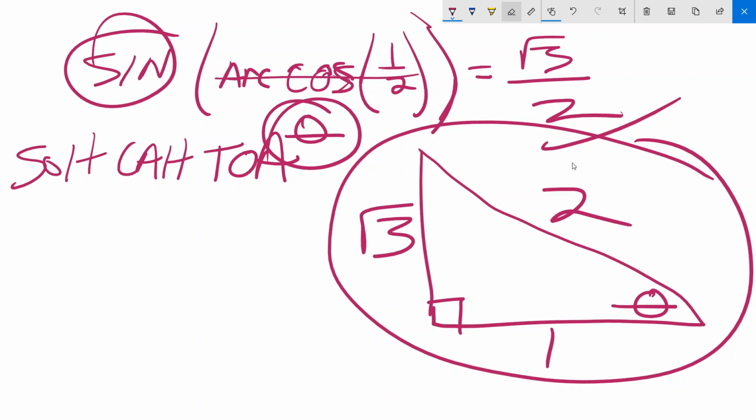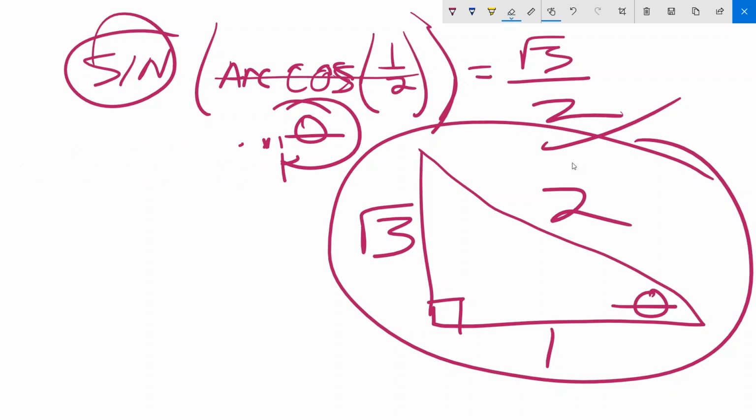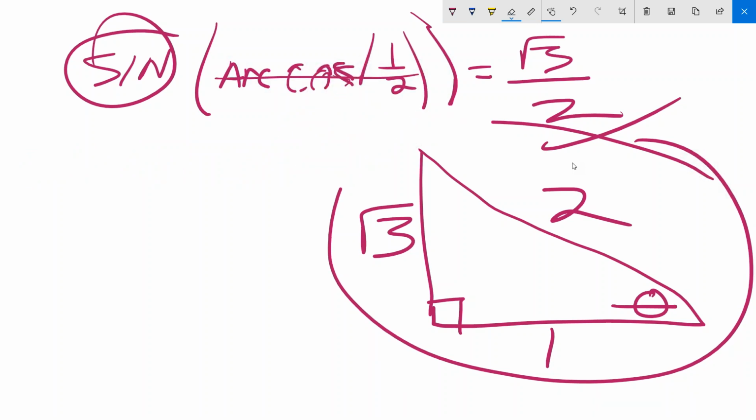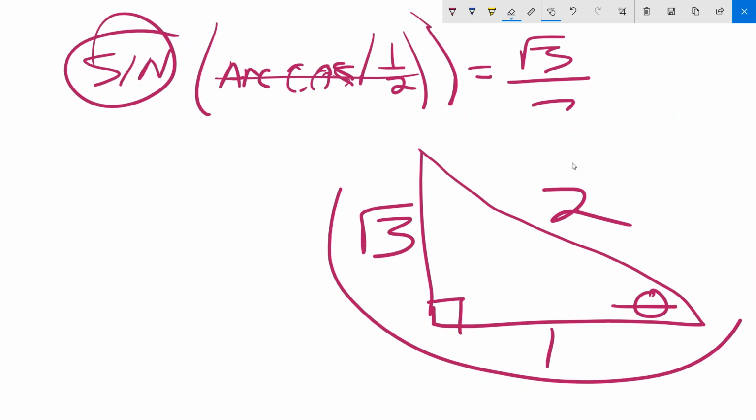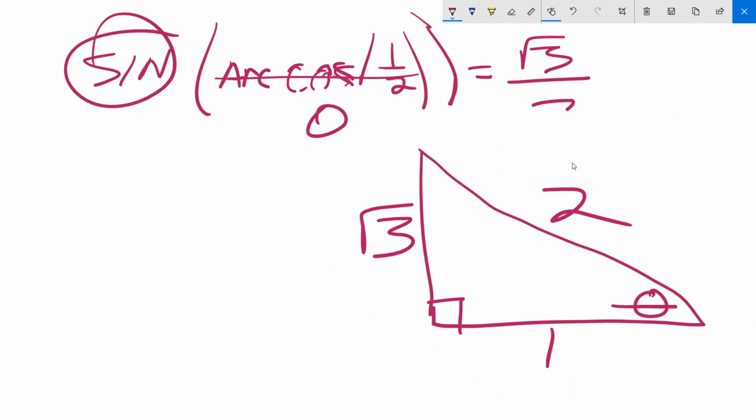Now, notice that I did this 2 different ways and they both produce the same answer. The second way is the best way to do it. Drawing the triangle. Because sometimes you'll get one that's a little harder than this one was. And the best thing to realize is that everything inside the parentheses is an angle.